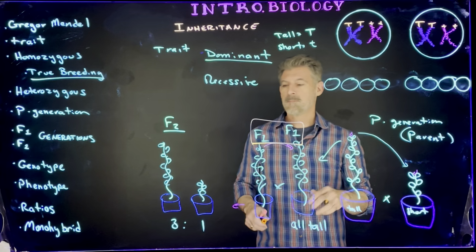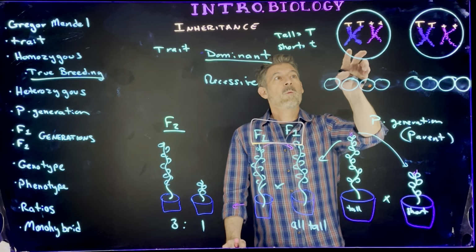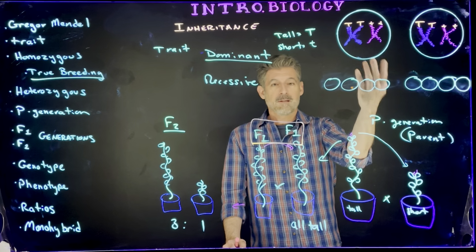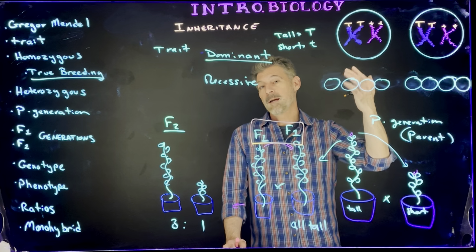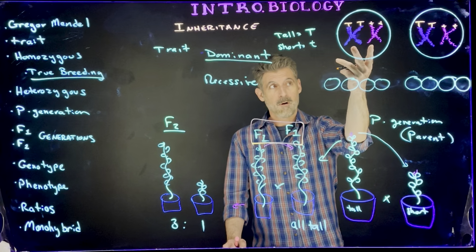How would we know this? Because when these things are separated during meiosis 2, when the sister chromatids are pulled apart, that means that one of these is going to go into each of these cells.